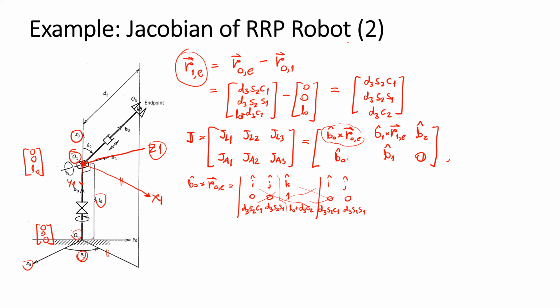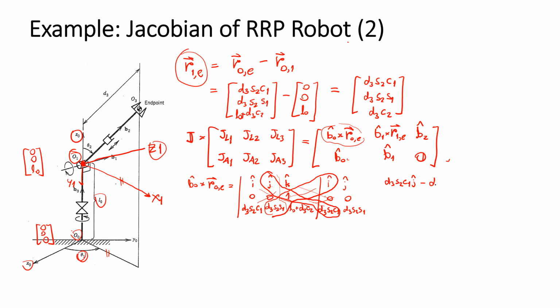So I multiplied by 0, we get 0, J, 1, and D3. So we have D3, S2, C1, J, positive. And for the upward, we have 0, and we have this one. But it should be negative because it's upward product.